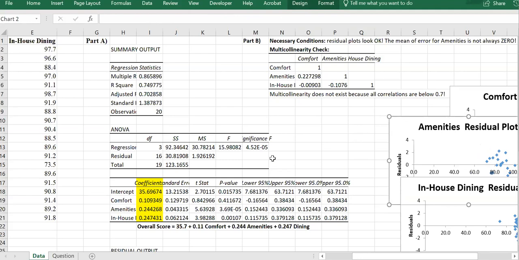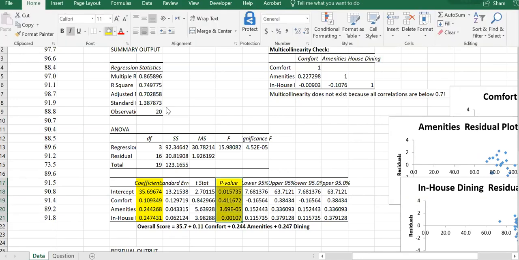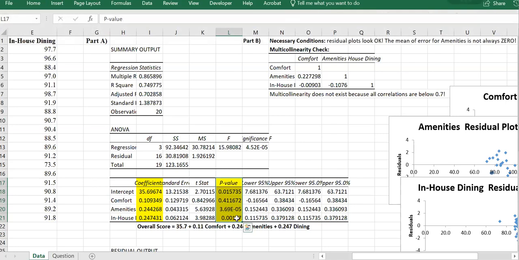For statistical inference with respect to individual parameters, I just need to look at the p-values. If I do that, the level of significance is 1%. The only one that is not significant is this one, comfort. As you can see, among the 3, the p-value for amenities and in-house dining is less than 1%. This is less than 1%.